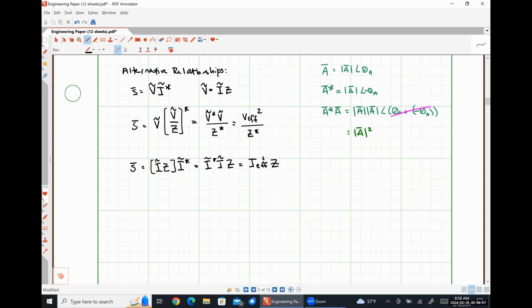And now I know my complex power for any impedance in terms of just the magnitude of the current flowing through it and the impedance value itself.